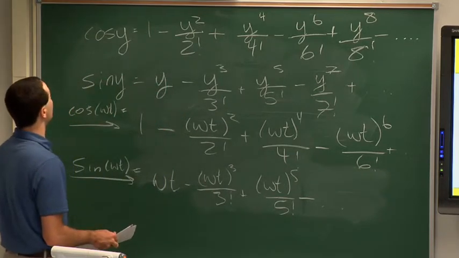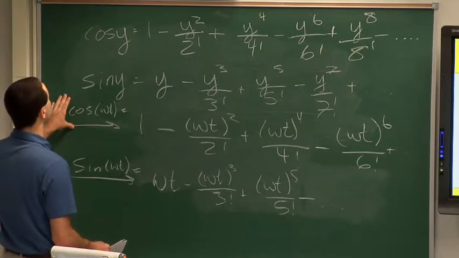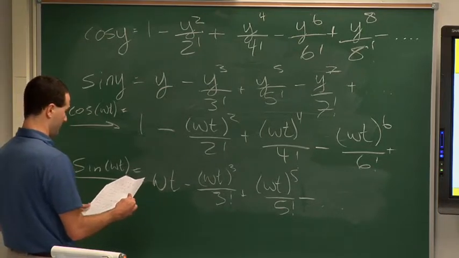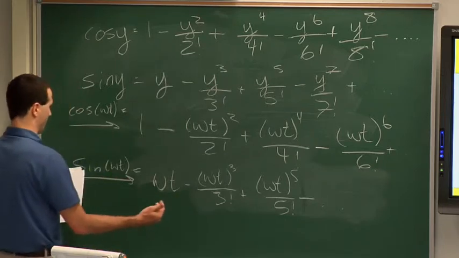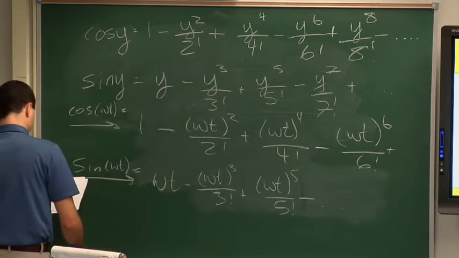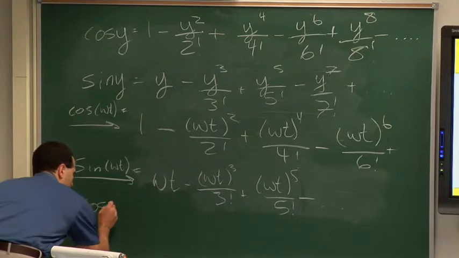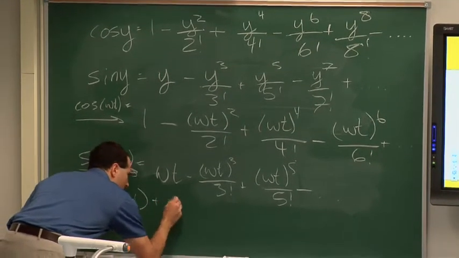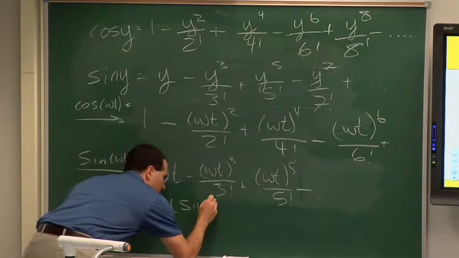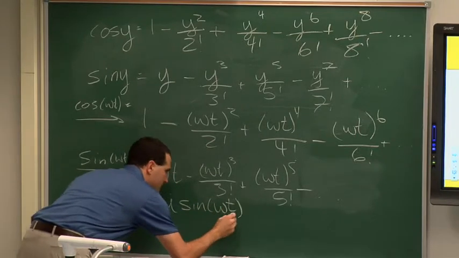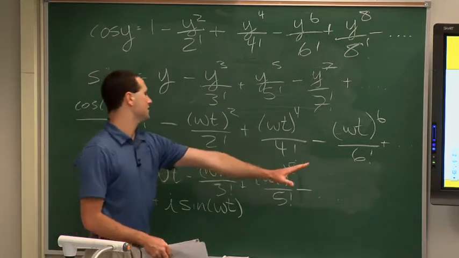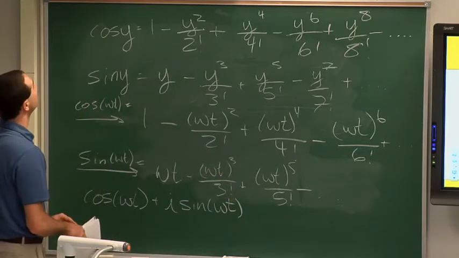So finally, if I add cosine and sine together, where the sine is represented by my imaginary part, so therefore cosine of omega t plus i sine omega t. So I'm multiplying this entire series by i.